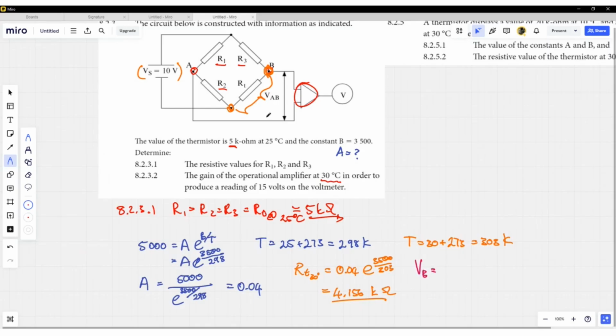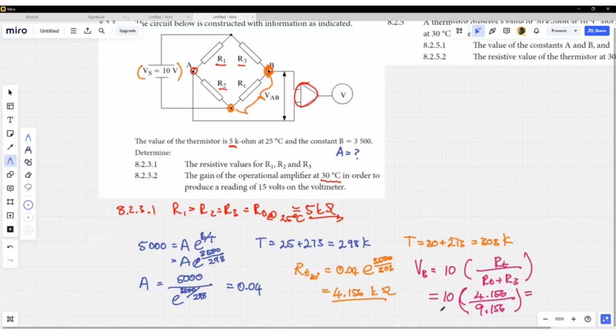We can use the voltage division formula here. So that's going to be our 10 volts multiplied by RT over RT plus R3. So that's now this 10 multiplied by this 4.156 kilo ohms divided by, which is now essentially going to be 9.156 kilo ohms.